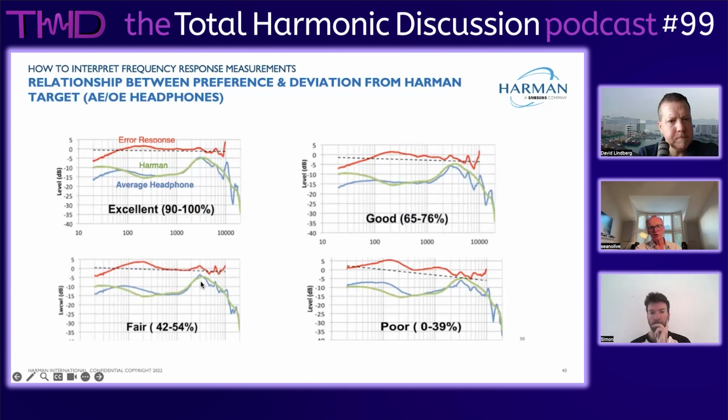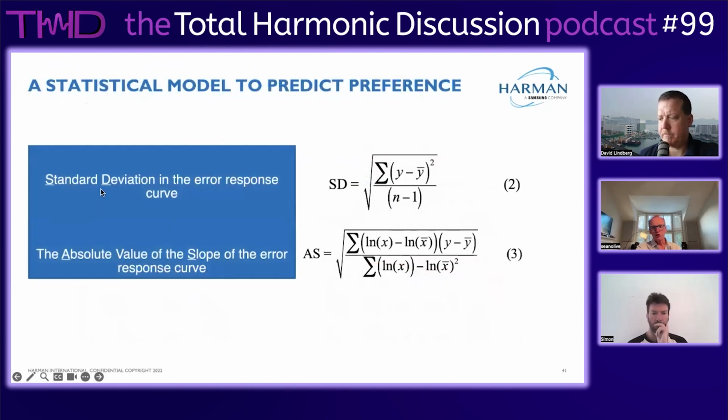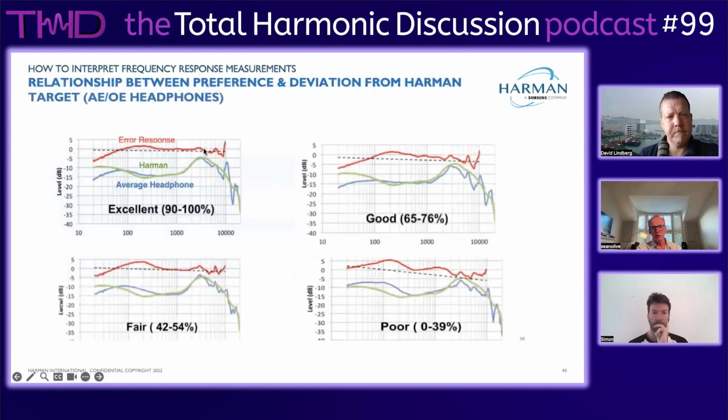The headphones that scored very high, from 90 to 100% on the preference scale, tended to deviate less, and as you get down to a poor headphone, it tends to deviate largely both in the bass as well as the treble. So I just looked at the standard deviation of that red curve. The more it deviates from 0 dB, the higher the standard deviation.